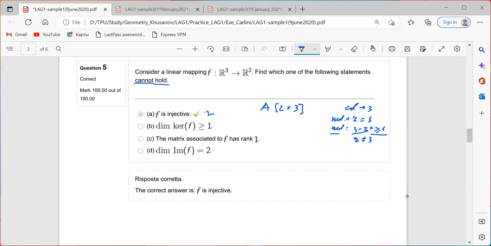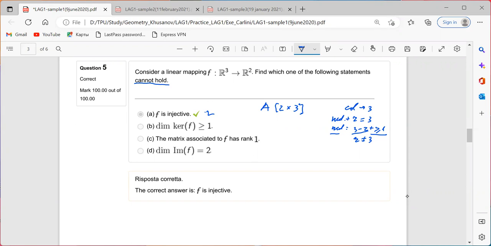Matrix associated to F has rank 1. It may be rank 1, maybe. So this kind of statement may be not wrong. Maybe yes, maybe no, but it's not strictly wrong.